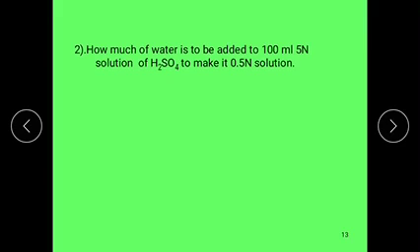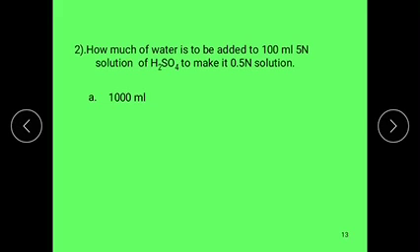Second one is, how much water is to be added to 100 ml of 5N solution of H2SO4 to make it a 0.5 N solution? This can be solved by using dilution law, that is N1 V1 equal to N2 V2. The concentrated solution is 5 normal, and its volume is 100 ml.